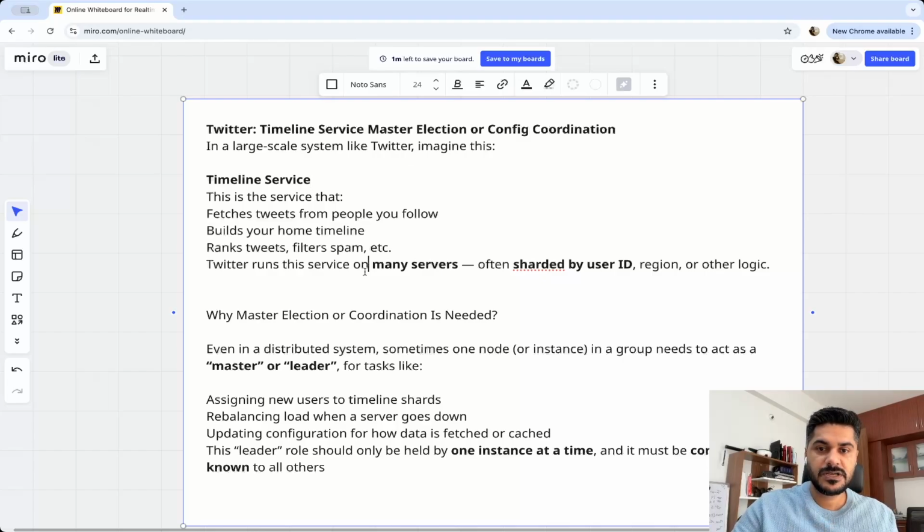That particular service, because you are doing it at that scale, is obviously not running on one particular server. It is normally running in a distributed fashion on different nodes, and normally those nodes have to be sharded, by user id, or the logic behind how you shard your nodes can be different.